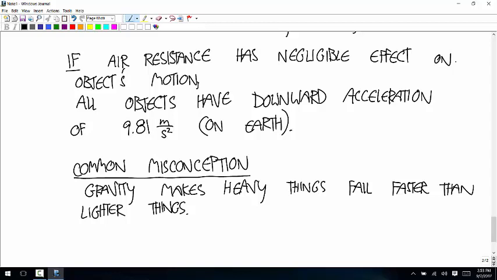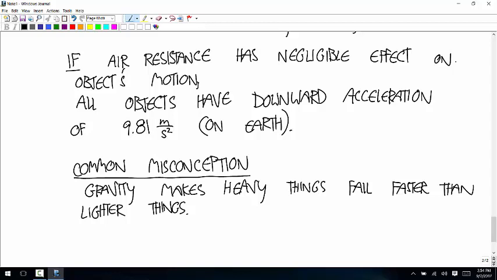And any variation from that is just totally the result of air resistance. So the more something deviates from a downward acceleration of 9.81 when you drop it, the more air resistance affects its motion. For example, feathers that flutter around and fall really slowly are hugely affected by air resistance. A bowling ball isn't very much.